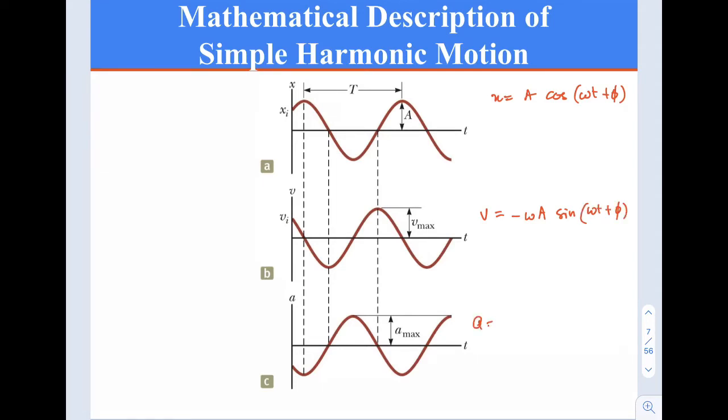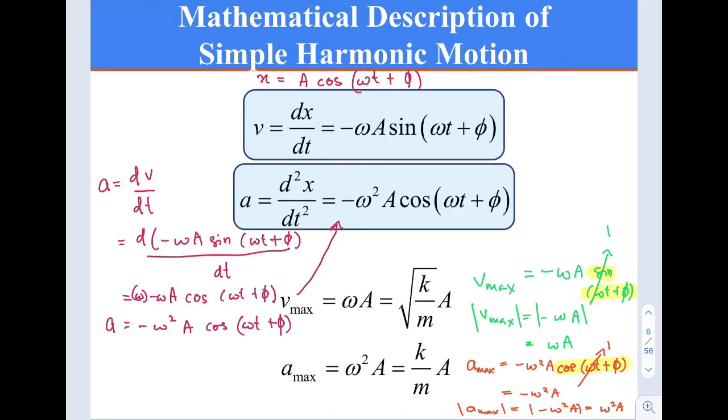And for a here, it is negative omega squared A cos(omega t plus phi). Let's double check.